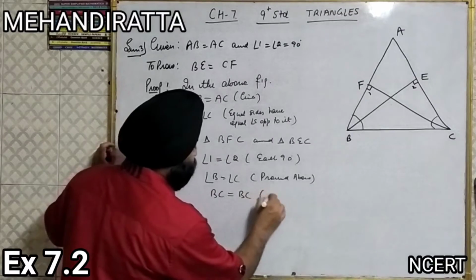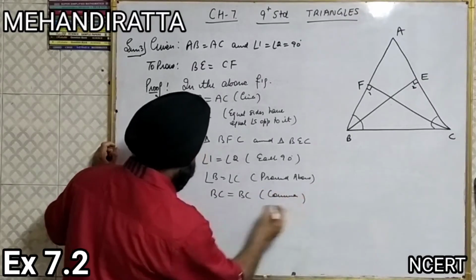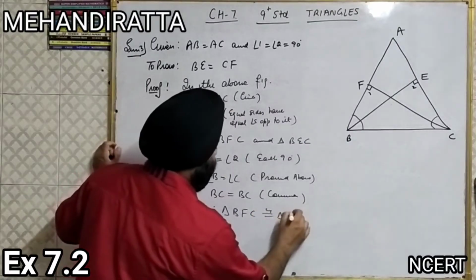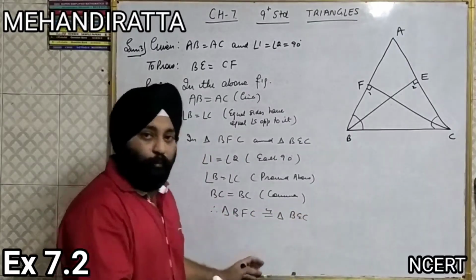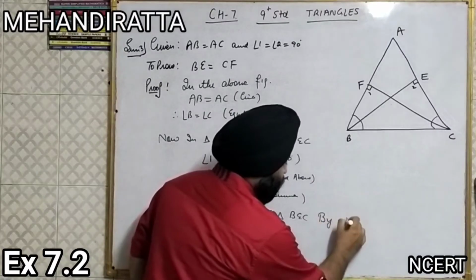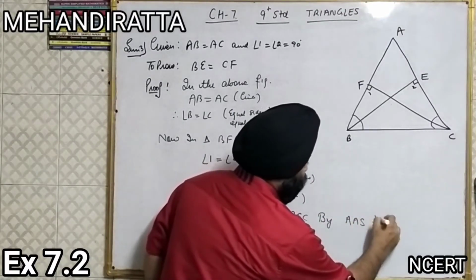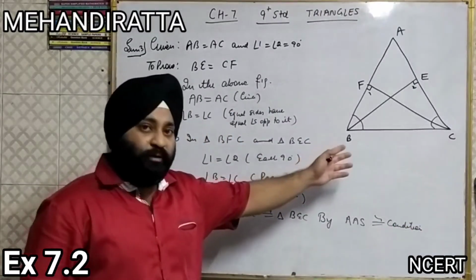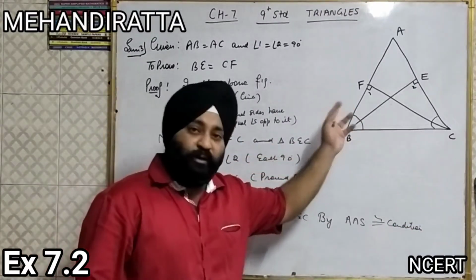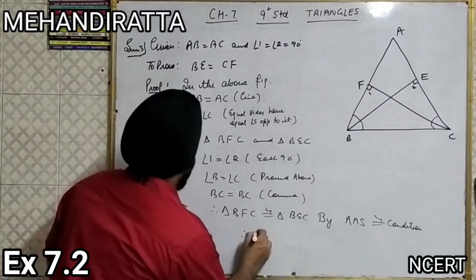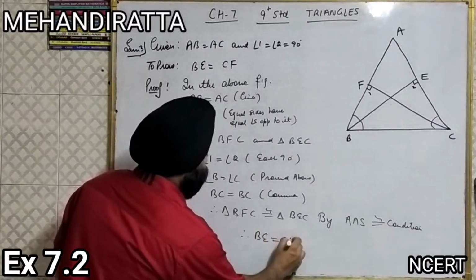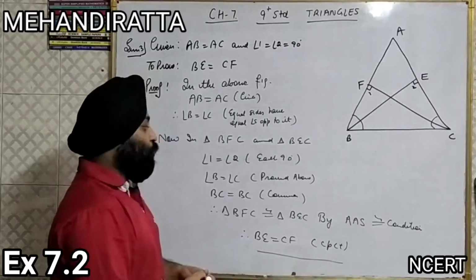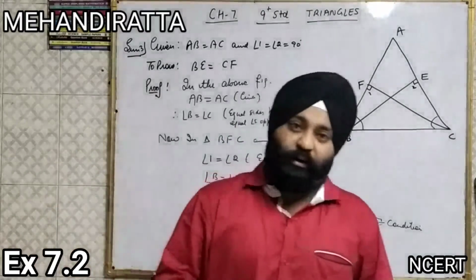Therefore, triangle BFC is congruent to triangle BEC by AAS congruence condition. Now, if the triangles are congruent, we can say that BE equals CF, CPCT, corresponding parts of congruent triangles.